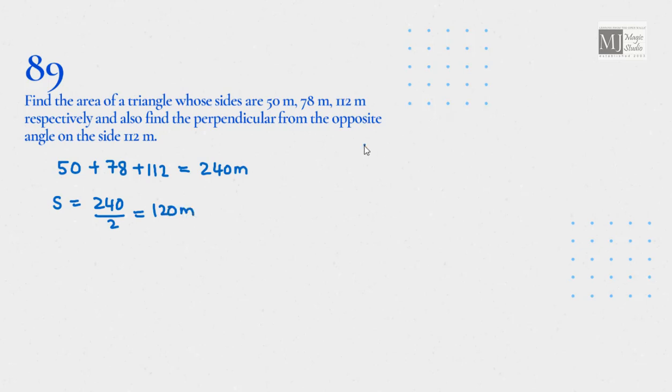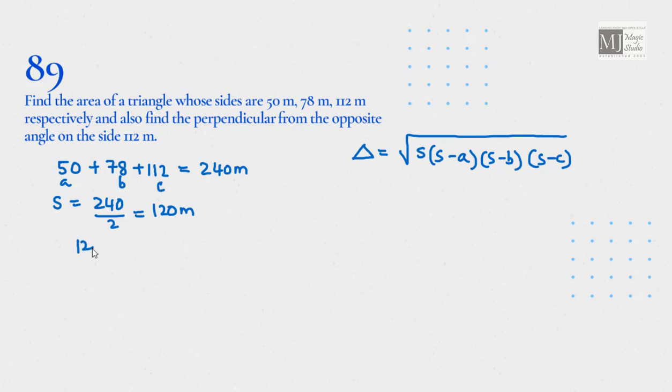Now, area of a scalene triangle can be calculated using Heron formula, that is root over S into S minus A, S minus B, S minus C. Now, if I suppose this as A, this is B, and this is C. So, 120 minus 50 is 70, 120 minus 78 is 42, 120 minus 112 is 8.